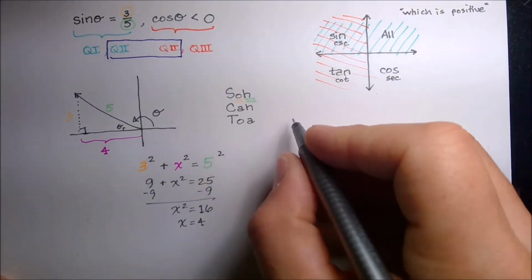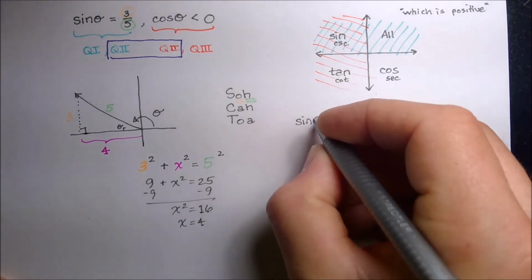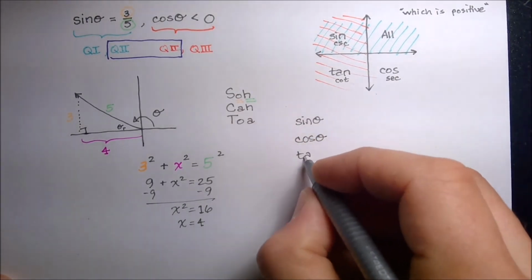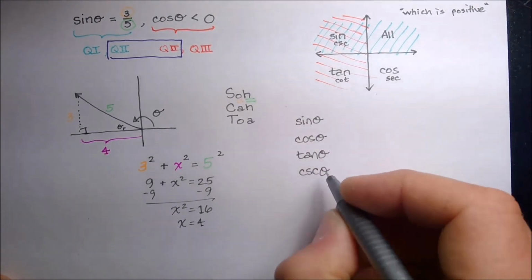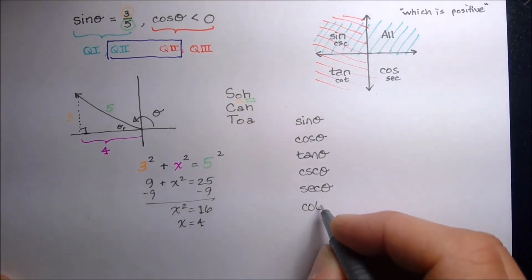So now, what we're being tasked to do, of course, is to find the sine at theta, cosine at theta, tangent at theta, right? All of these things. Cosecant at theta, secant at theta, and then cotangent at theta.